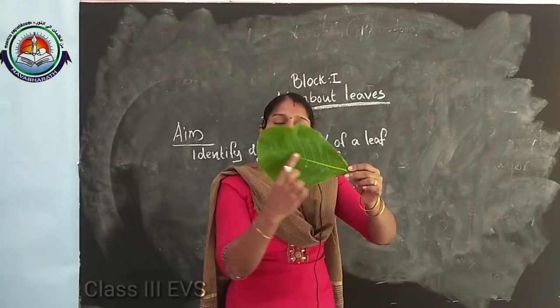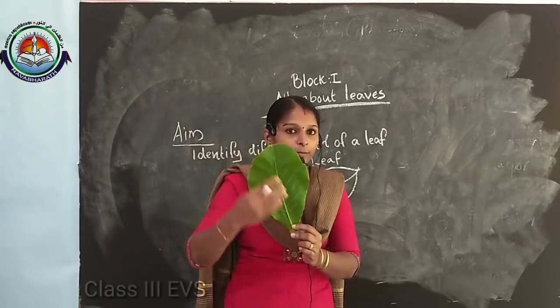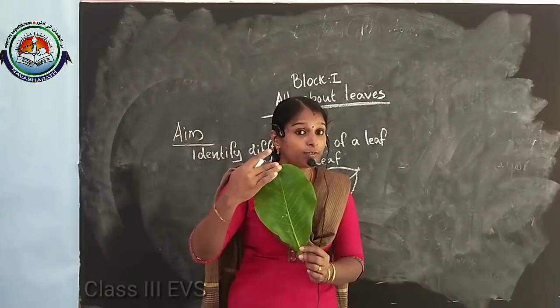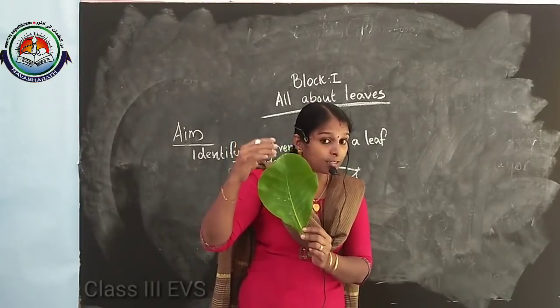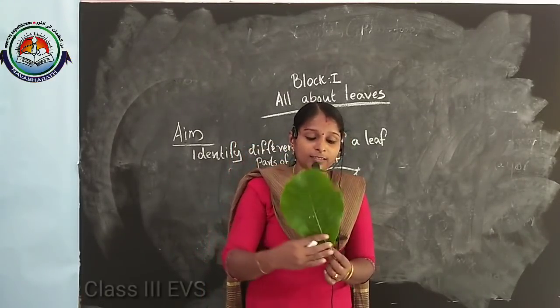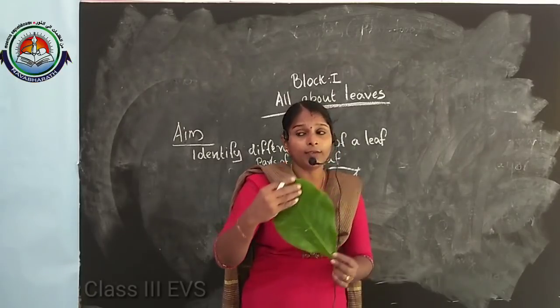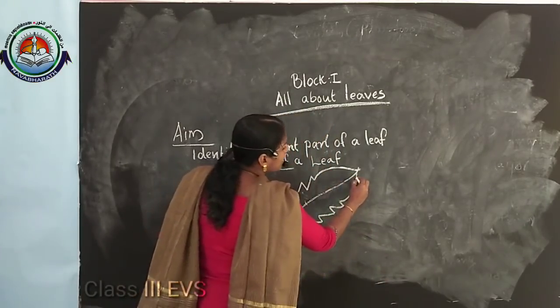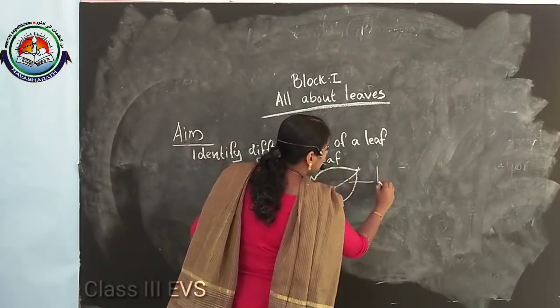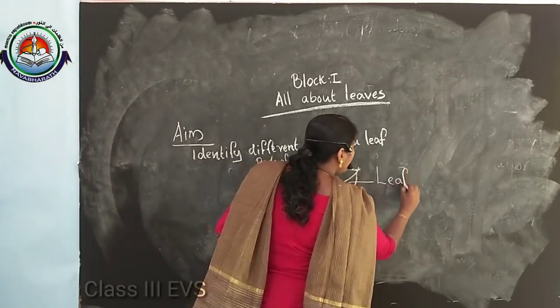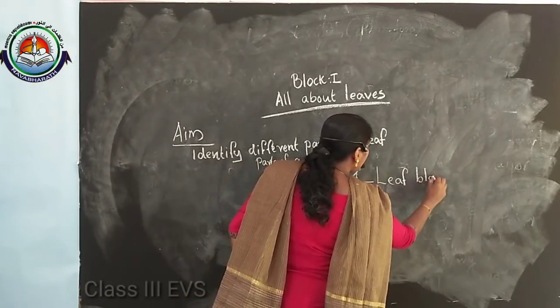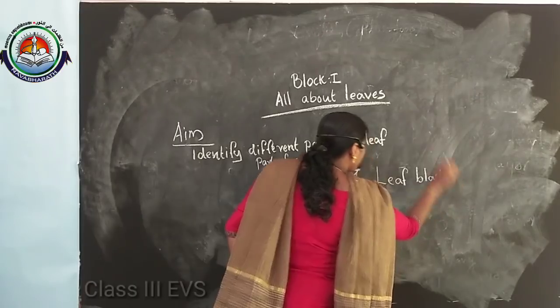This is the first part of a leaf. That means it is the flat part of a leaf, right? When you touch it, you can understand it is the flat part of a leaf. So the flat part of a leaf is called leaf blade.